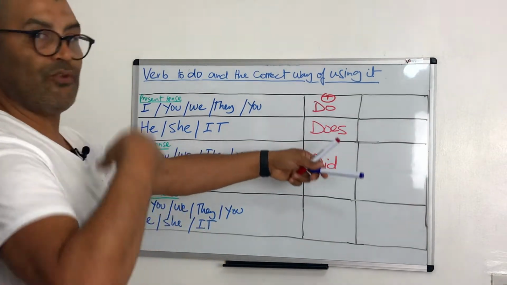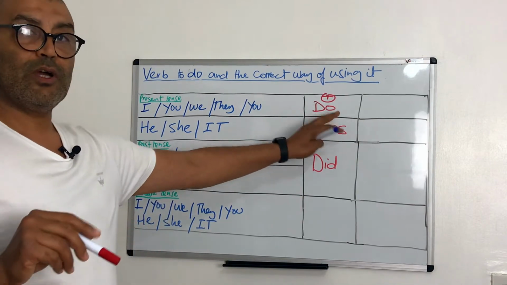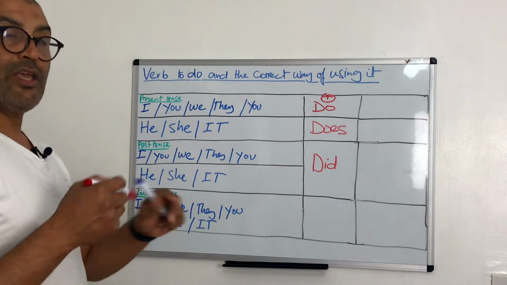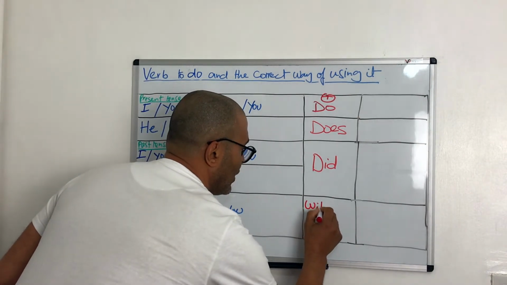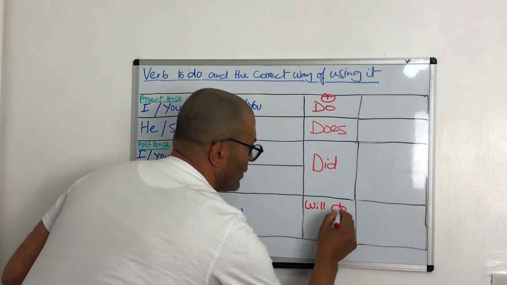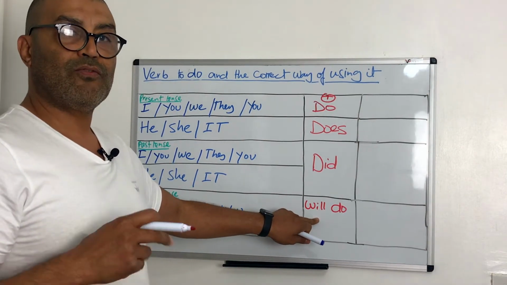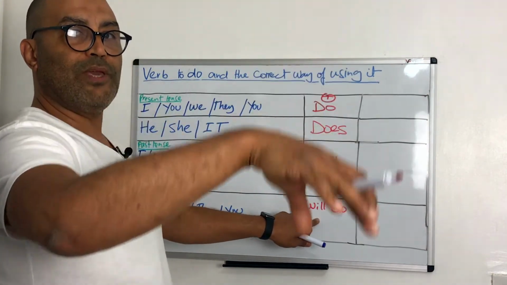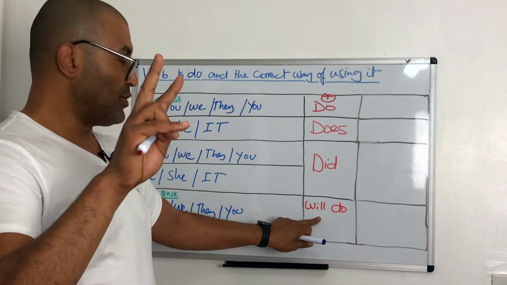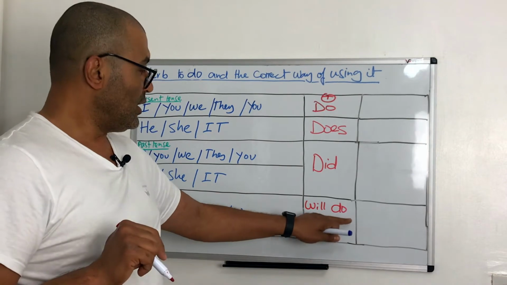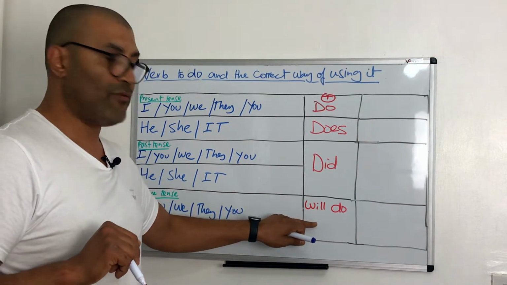In the future, we use the verb do as I will do. If you remember the verb to be in the future, I will be. So will do. So we got two verbs, will and the verb to do. This is the main verb and this is called the helping verb.